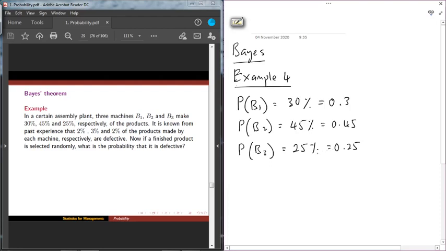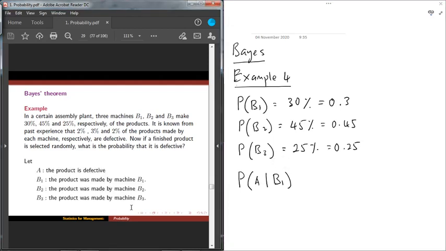It is known from past experience that the defective rates are 2, 3 and 2 percent. A is the defective, by the notation I have given here. If the product is made by B1, the rate of defective is 2 percent, which is 0.02.